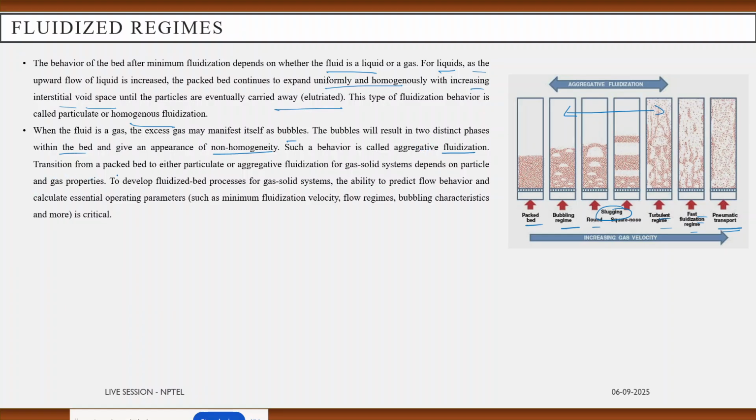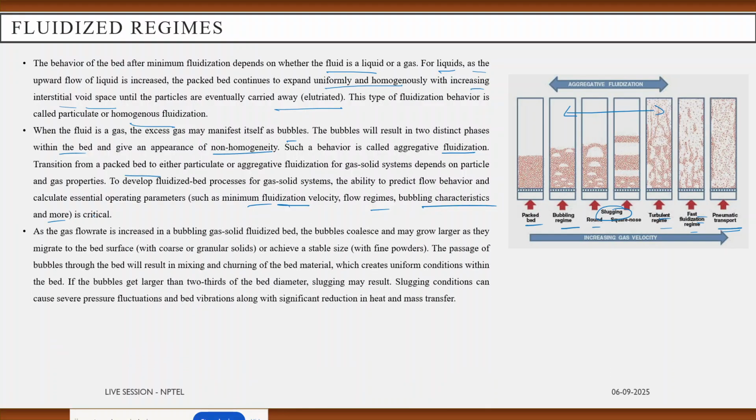The transition from the packed bed condition to either particulate or aggregative fluidization of a gas-solid system depends on the particle and also the gas properties. To develop the fluidized bed process for a gas-solid system, the ability to predict the flow behavior and calculate essential operating parameters like fluidization velocity, minimum fluidization condition, flow regimes, bubble characteristics, etc. is critical.